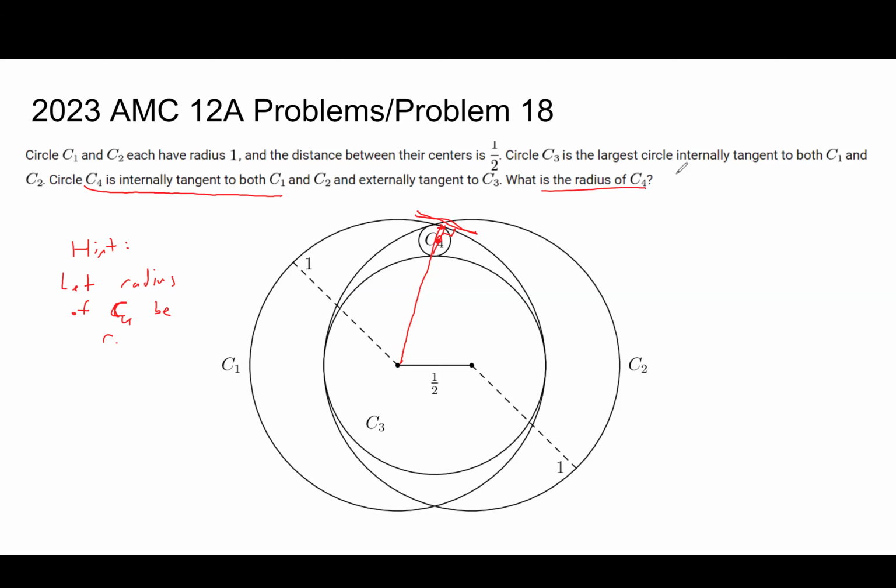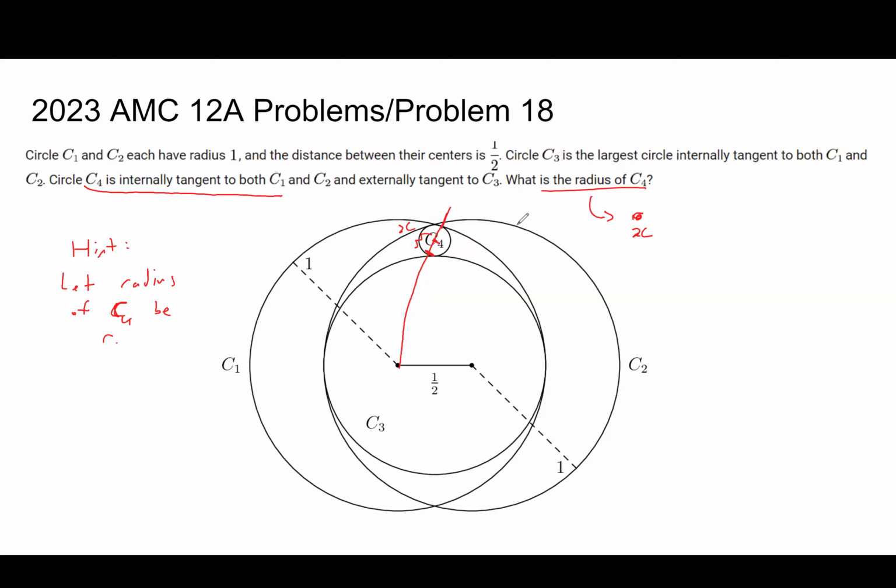For now, we can give the radius of C4 a variable. Let's call it R. Or actually, let's make it X. So the radius of C4 is X. If we draw this line here, then this small segment here would be X, because it's the radius of C4.